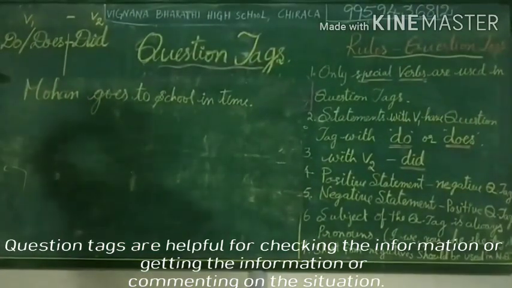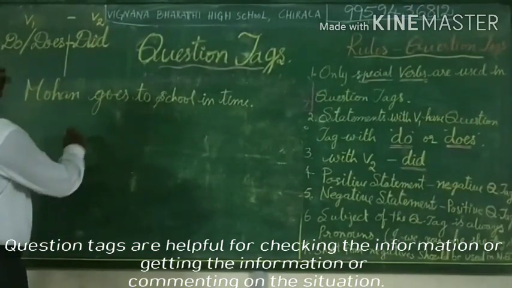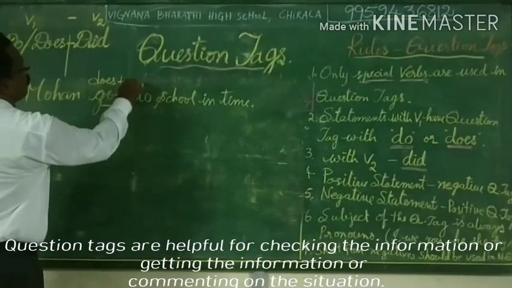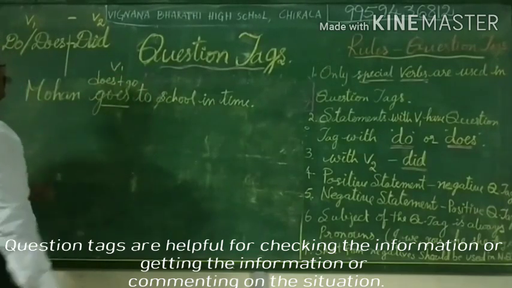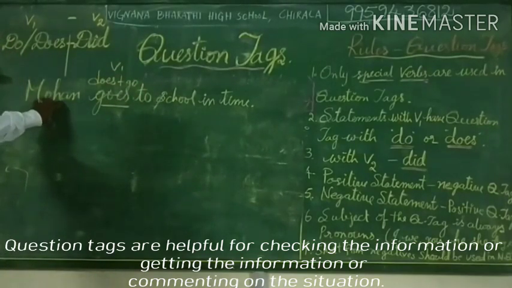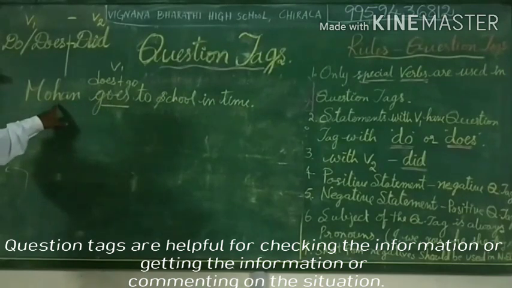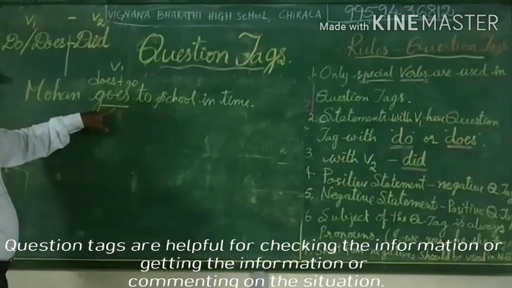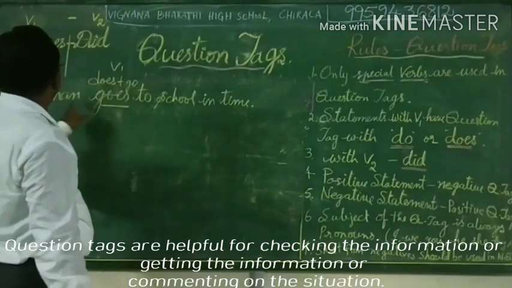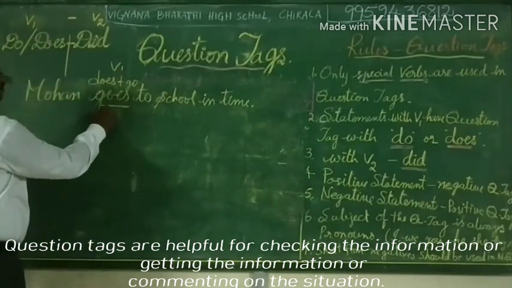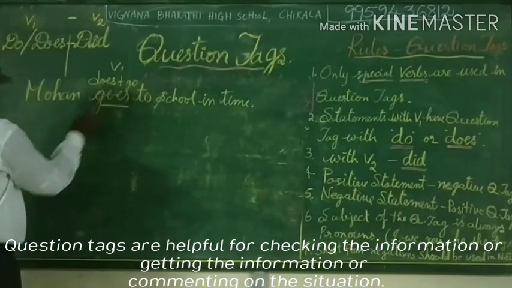Here the statement is in positive; goes is the does form. Does go. This is verb 1. The statement has a singular subject, that is why it is goes. Subject and verb agreement. Singular subject, does form. That is why does go. Mohan goes to school in time. So we split this goes into does go.